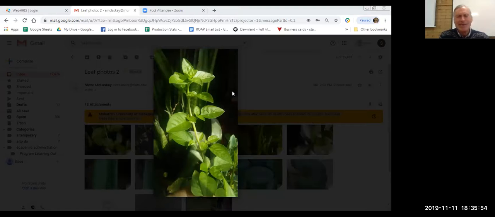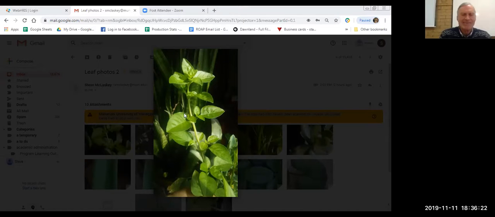This is a basil plant. What kind of veins does this have? Can you see it? Yeah, we can see it. Good. What kind of veins does it have, guys? They all come from the central, gosh, you know.